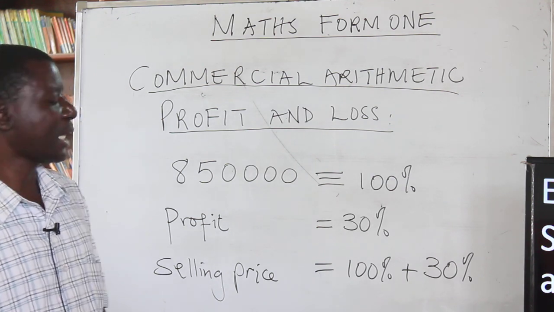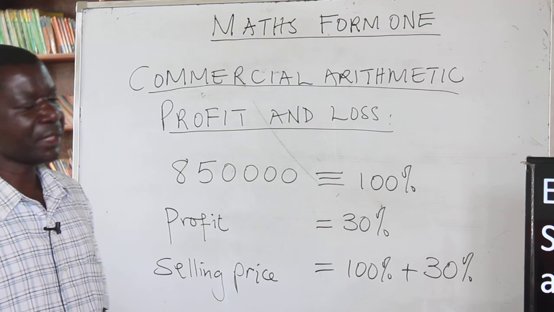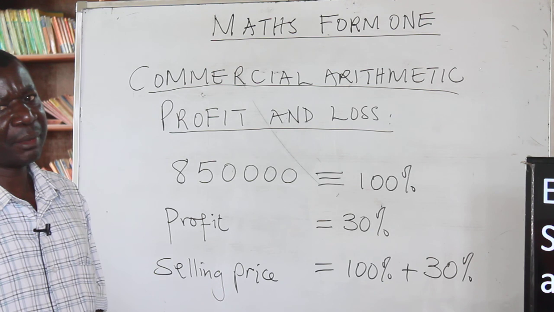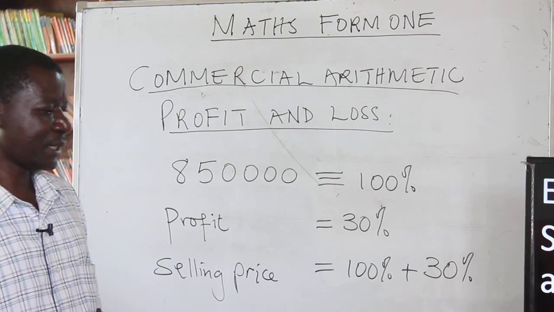The profit is 30%. The selling price will therefore be 100 plus 30, which is 130%.